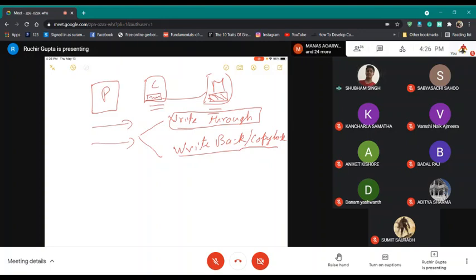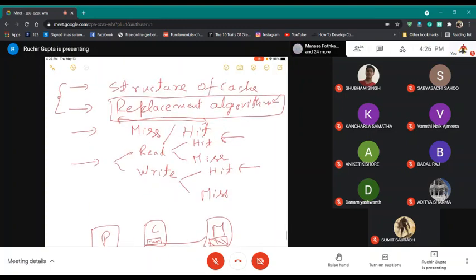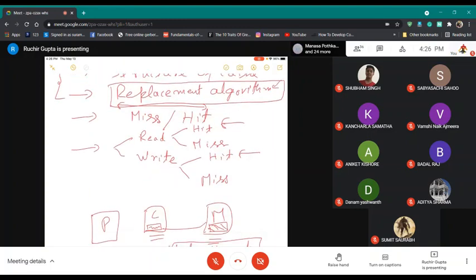No, sir. Okay. Now let's talk about the read miss and write miss. So whenever a read miss happens, the idea is simple. That means that there is some data that is not in the cache.